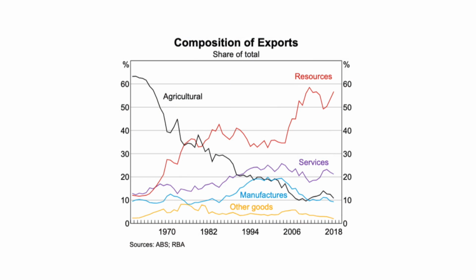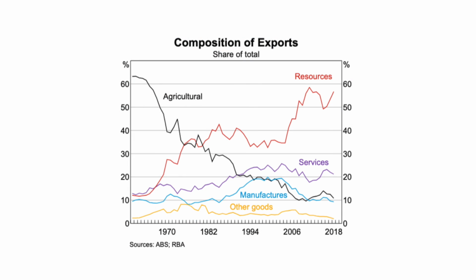You look at this in the trends in the course: back in the 70s, agriculture represented almost 60% plus of our export base. Since then, we've almost seen a changing of the guard, where our resources, particularly in mining boom 1 and then mining boom 2, really peaked at almost just short of 60% of our total exports. So this goes to the point of a narrow export base.